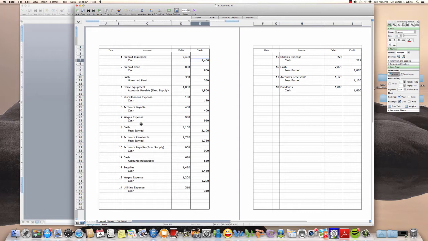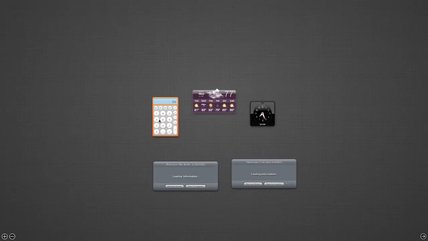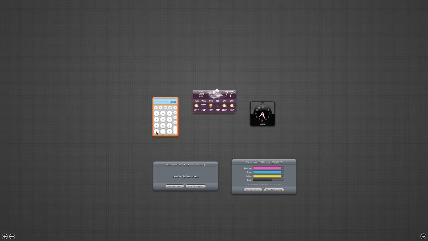Now I know that I prepaid my insurance for $2,400, and I'm going to bring up my calculator. I prepaid my insurance for $2,400, and that was for 12 months. So I'm going to divide it by 12, and my insurance amount is $200 per month.